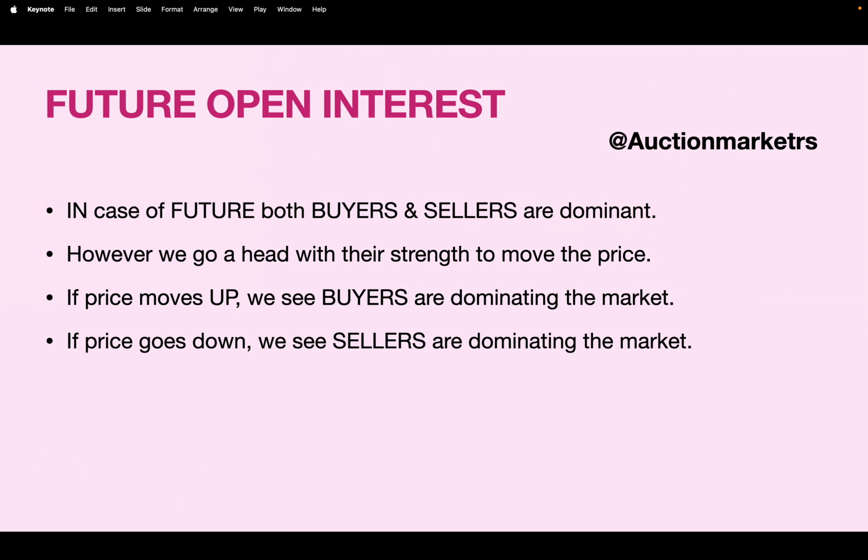So if the price is coming down, the seller is the winner over there. If the price is going up, the buyer is the winner over there. We'll move to the next chart.